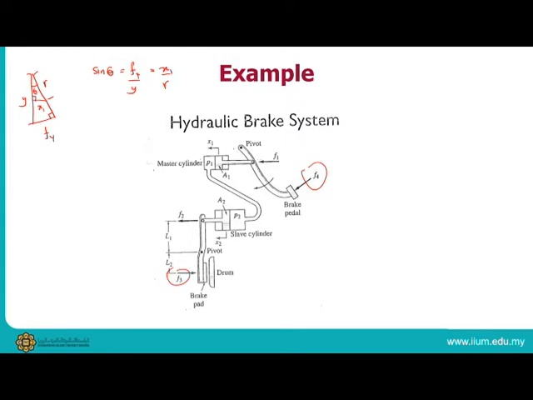If you look at this part, you can observe that the volume that exits from this chamber is equal to the volume that flows into this chamber: A1 x1 should be equal to A2 x2. A1 is the area for this chamber, A2 is the area for the other chamber, x1 is the distance traveled by this piston, and x2 is the distance traveled by the other piston.